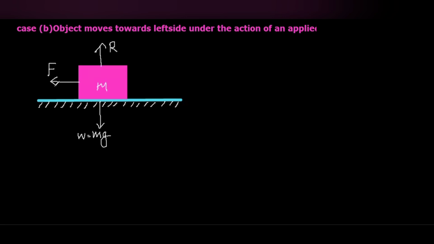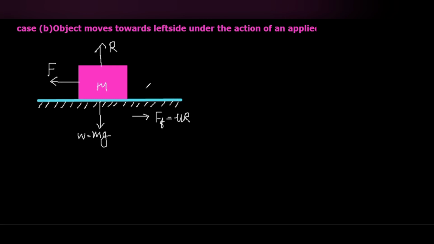When this force is applied on left side, it tends to move the body towards left side, then in the opposite direction the frictional force Ff will arise, which is numerically equal to the product of coefficient of friction between the sliding surfaces of the object and the rough horizontal plane, multiplied with the normal reaction.